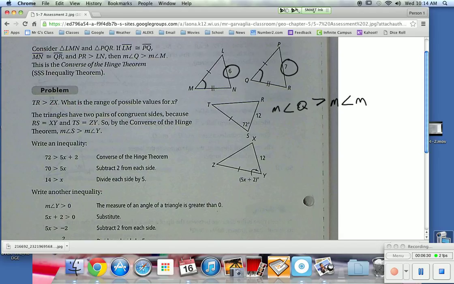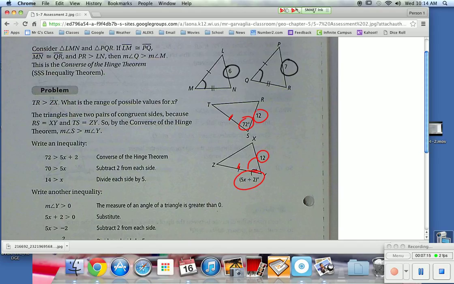Write the inequality. We're given two triangles here. We can say that this side TS is congruent with ZY, and these sides are congruent because they're the same length. This angle here is 72 degrees, and this angle here is 5x plus 2 degrees. Can we figure out what they are?